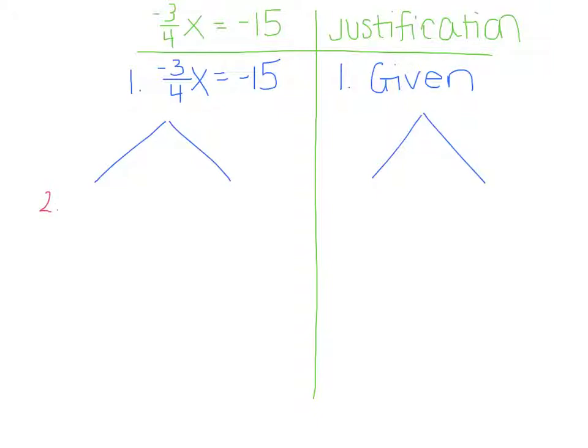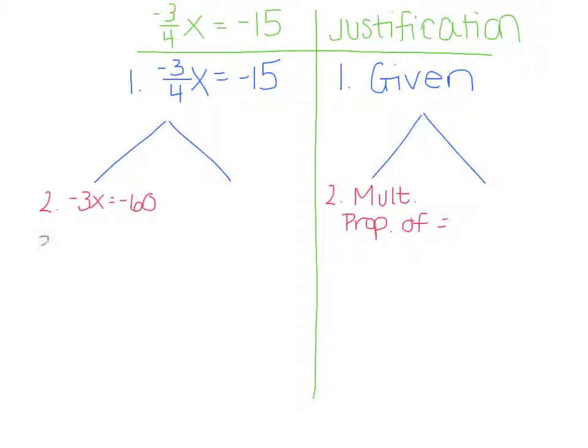So step 2, I'm going to get negative 3x equals negative 60 because I multiplied both sides by 4, and that would be with the, and I'm going to abbreviate here just because I'm out of space, multiplication property of equality. So I multiplied both sides by 4 and got negative 3x equals negative 60.